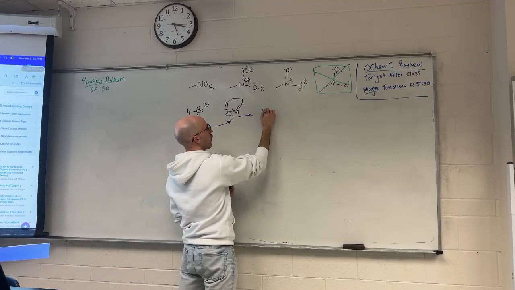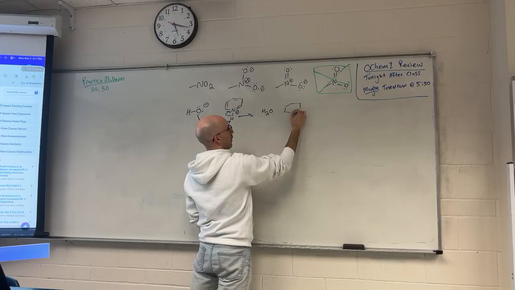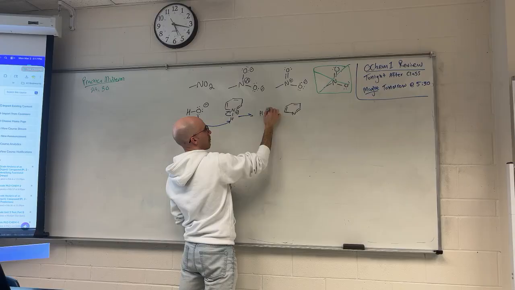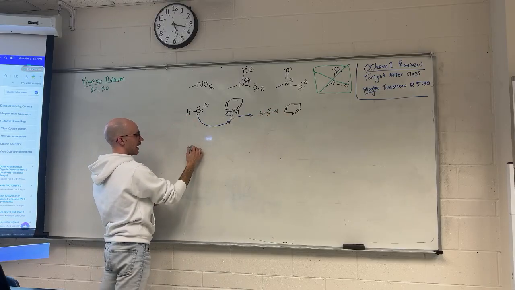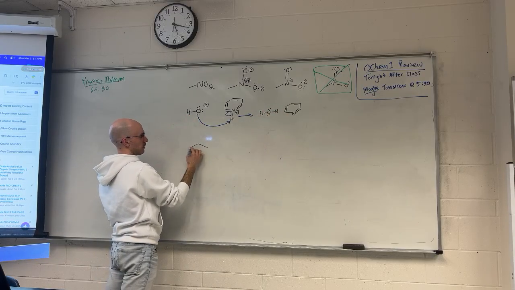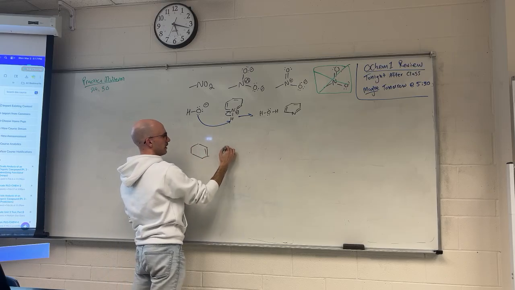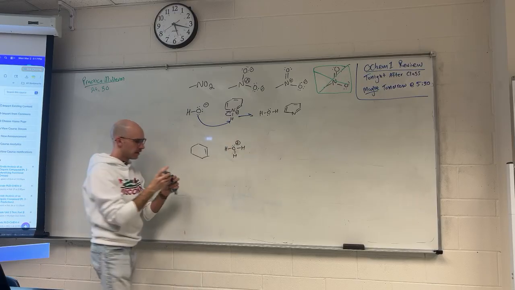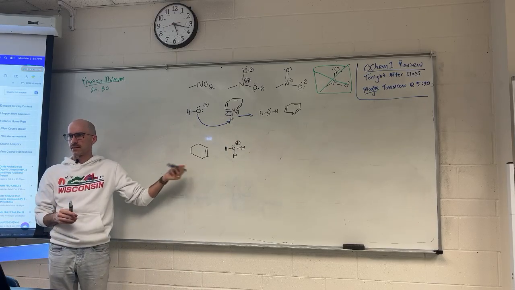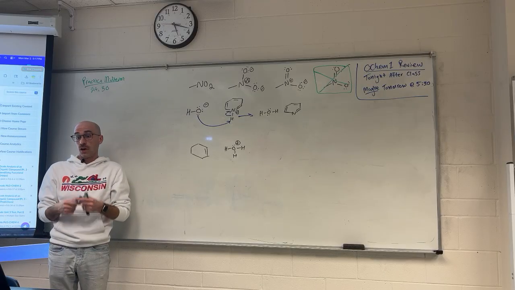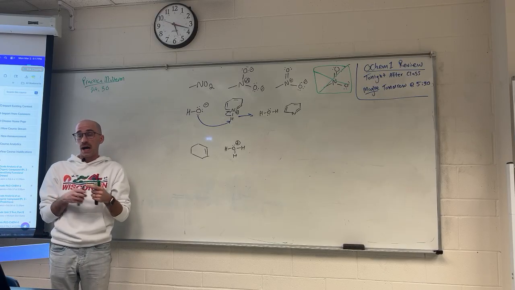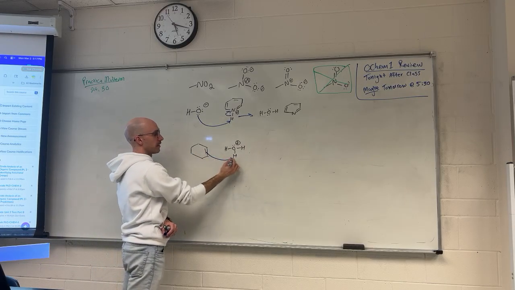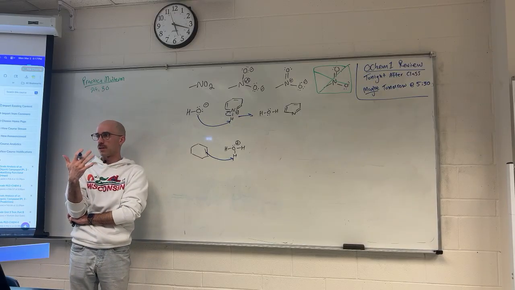So your question is, why and how does a pi bond act as a base? Well, let's show something a little different. Here's hydronium. Here is cyclohexene. All it takes is that the pi orbital, where the pi electrons are, overlaps with the sigma star orbital that is the OH bond.